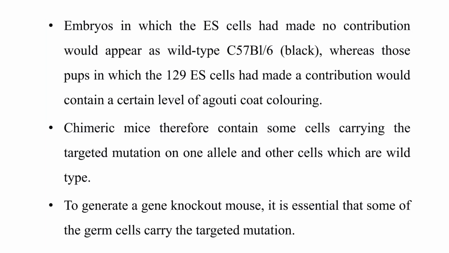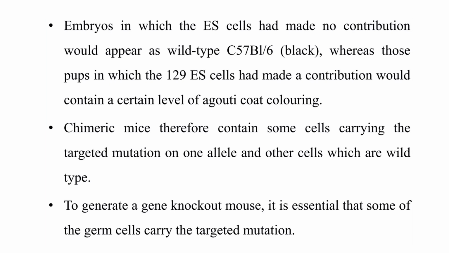Embryos in which the ES cells had made no contribution would appear as the wild type black mice, whereas those in which the 129 embryonic stem cells had made a contribution would contain a certain level of the agouti coat color. The chimeric mice therefore contain some cells carrying the targeted mutation on one allele and other cells which are wild type.